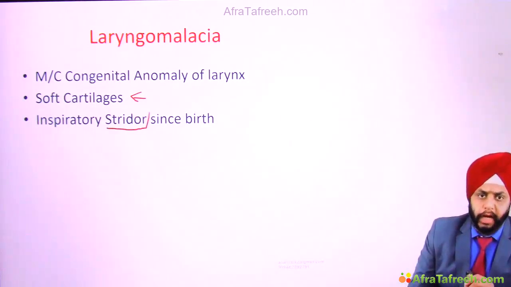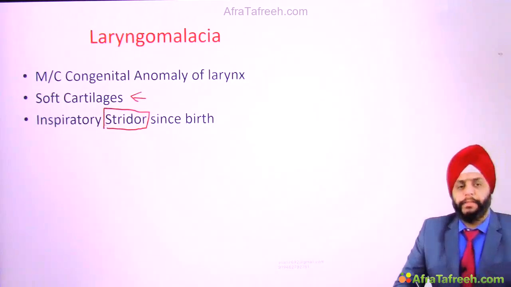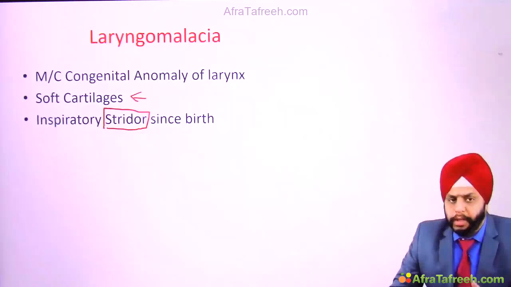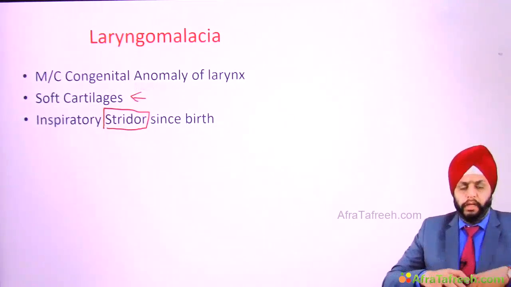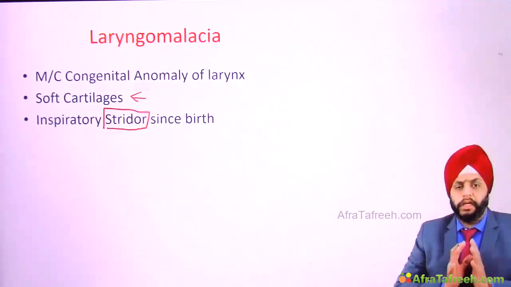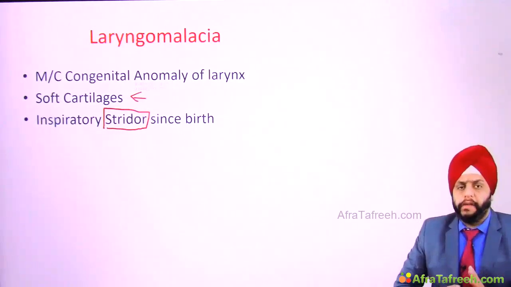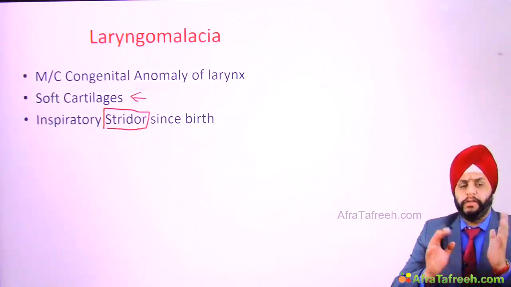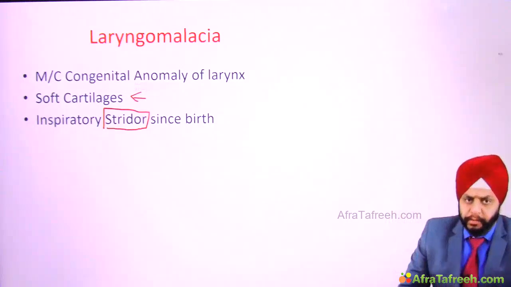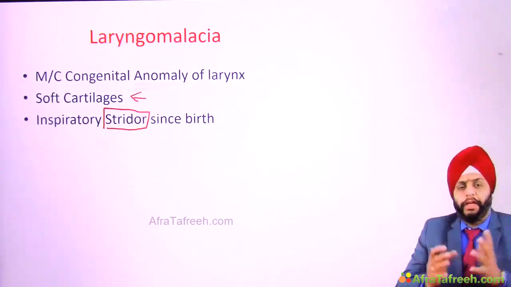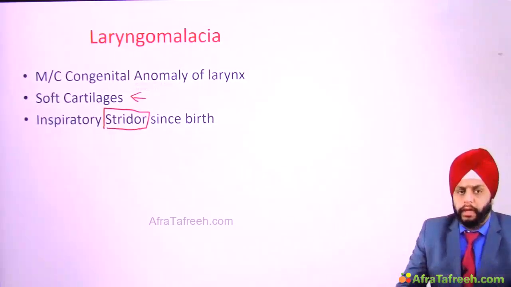Now, this stridor is present during inspiration. What happens during expiration? During expiration, the thoracic cage goes in and the diaphragm goes up, which creates a positive pressure. The air comes out with a positive pressure and throws all the cartilages back to their place, so the airway opens up. There is no stridor.